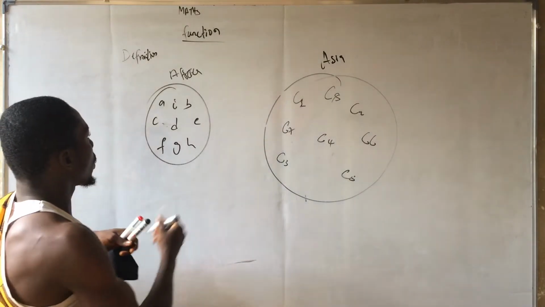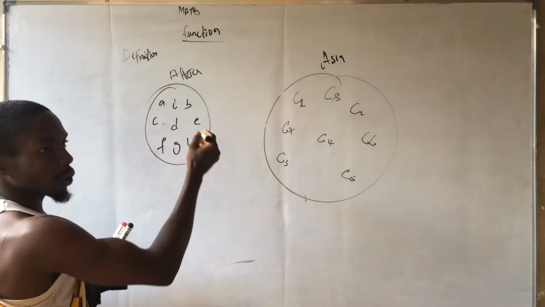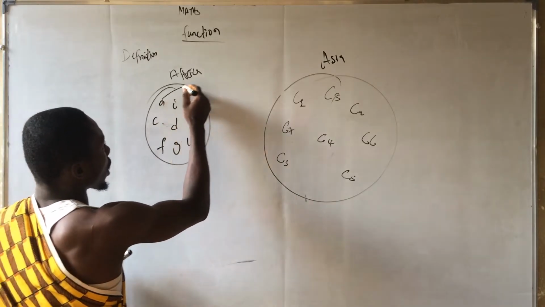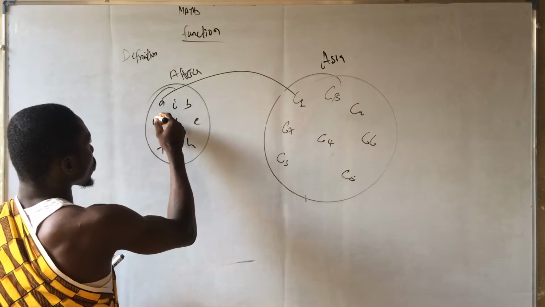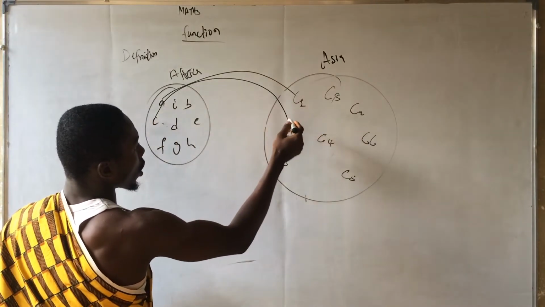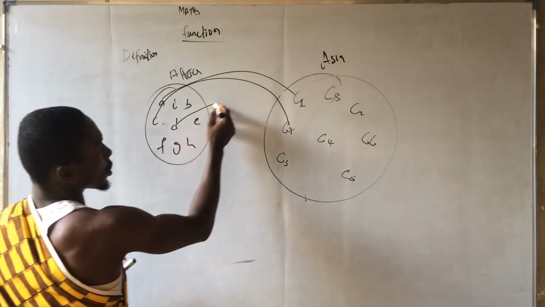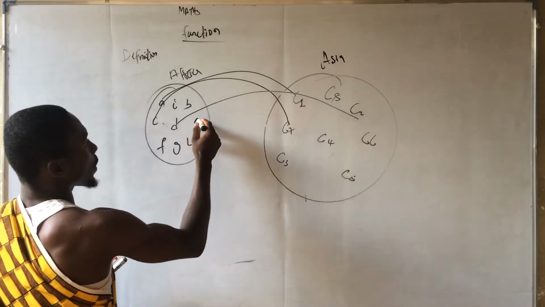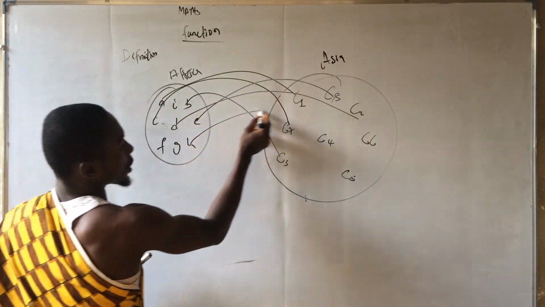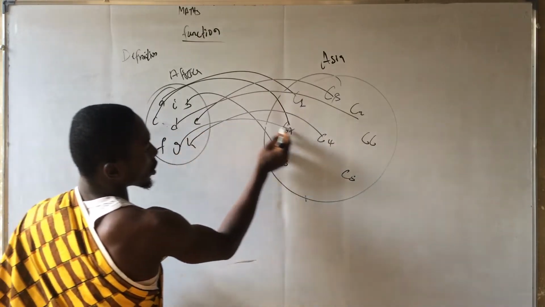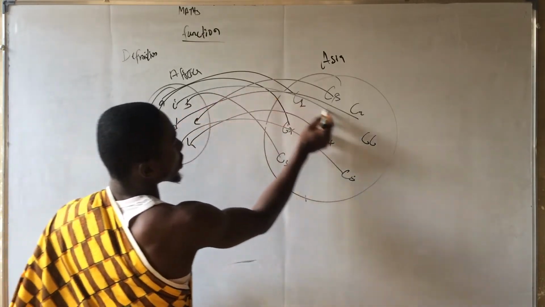So now, a function can map this person to country 1, can map this person to country 2, or country 7, can map this person to country 8, can map this person to country 3, can map this person to country 4, can map this person to country 5, can map this person to country 6.